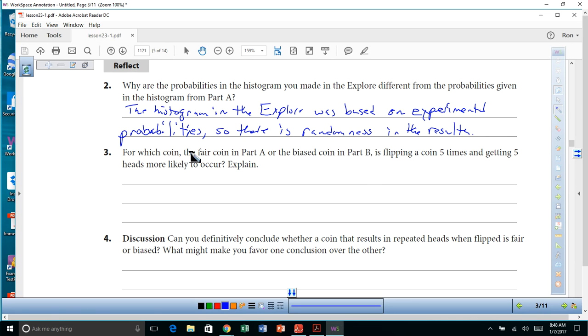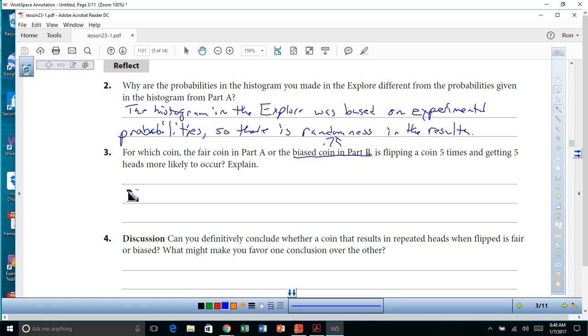For which coin, the fair coin in part A or the biased coin in part B, is flipping a coin 5 times and getting 5 heads more likely to occur? Well, remember the biased coin in part B, I think it had a 0.75 probability of heads, right?